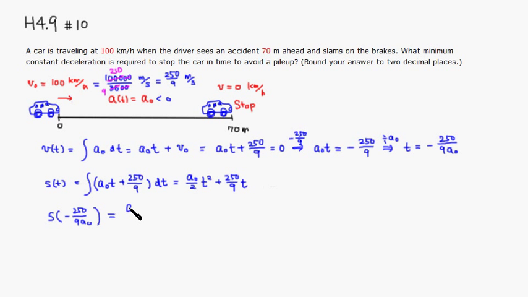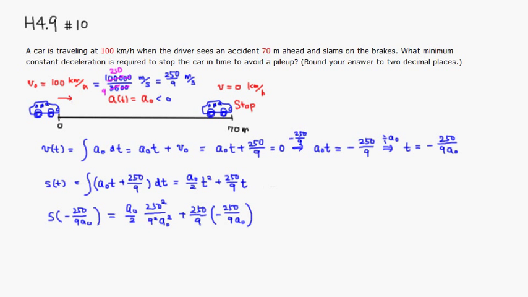It's a0 over 2, then you have to square this: the negative sign is gone, so you have 250 squared, 9 squared, and a0 squared. That's t squared there. Then plus 250 over 9, times t, which is negative 250 over 9 a0.